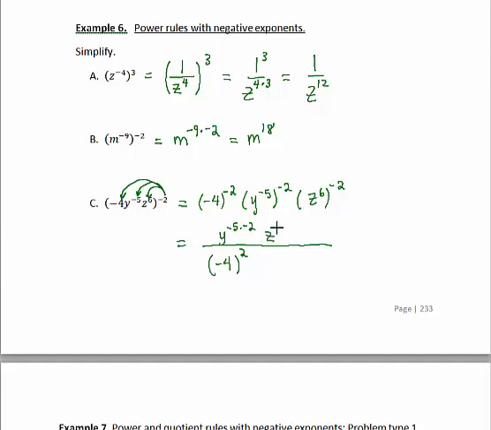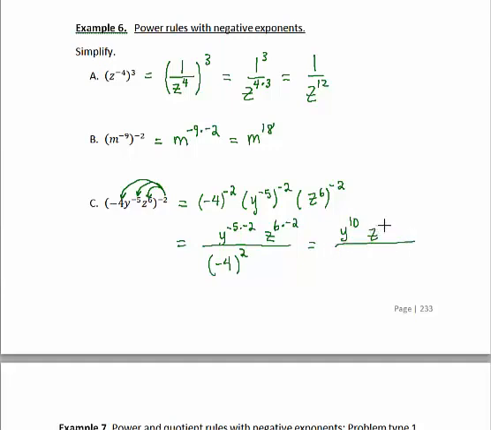And now for the z, we have a 6 times a -2 for its exponent. Carrying this a step further, we end up with a 10 for y, and it's positive.